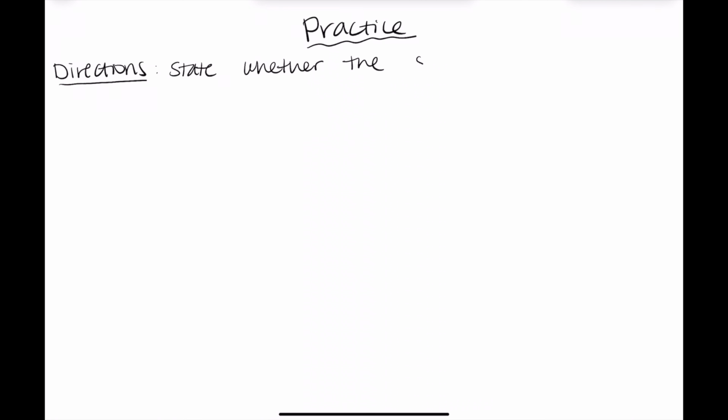Now that we have defined what slope is, we've looked at it visually, the 4 different types of slope, and we've gone through the applications of slope, we can get into our practice section for today. It's going to be split into 2 main components. The directions for the first part say to state whether the slope is positive, negative, undefined, or zero.